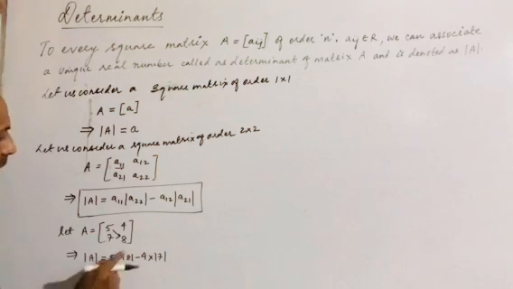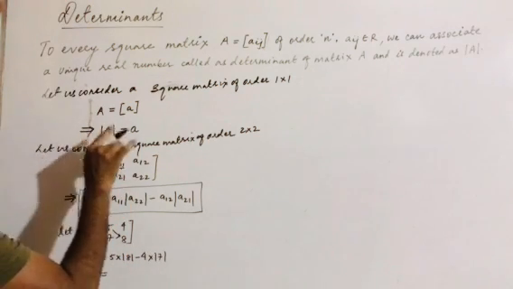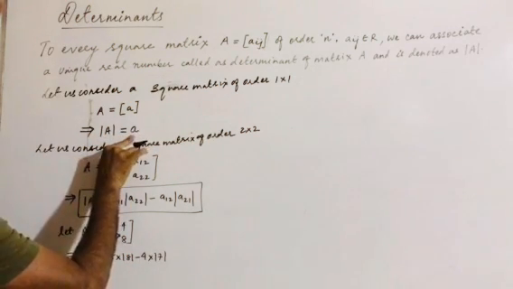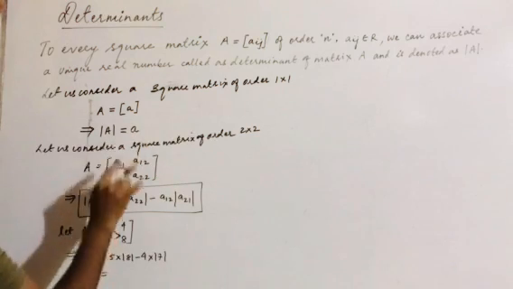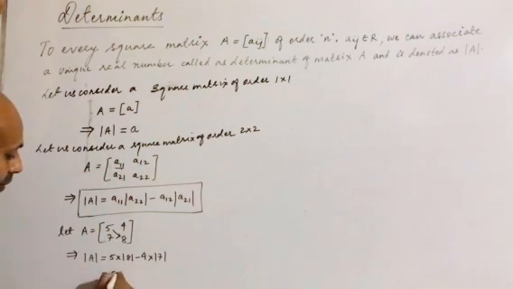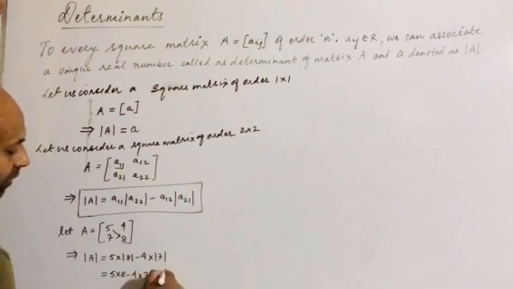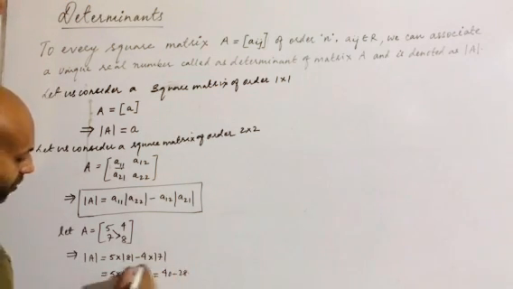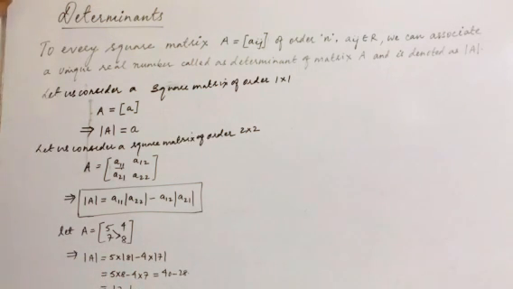And as we have already studied, if a single element is there in the matrix, that means it is of order 1 by 1, whatever the element is, the same will be the value of the determinant. So that will be equal to 5 into 8 minus 4 into 7. 5 eights are 40 and 4 sevens are 28. So the value of the determinant is equal to 12. Am I clear, all of you? So this is how you can easily calculate the determinant of any square matrix. That's a very simple thing.